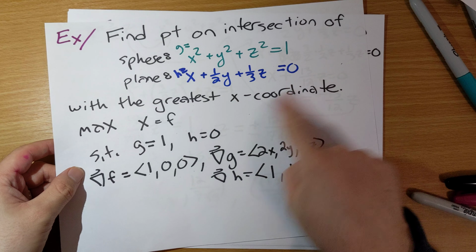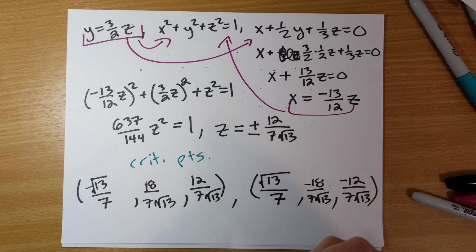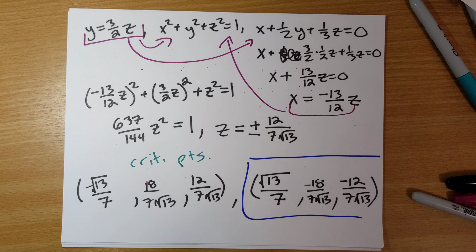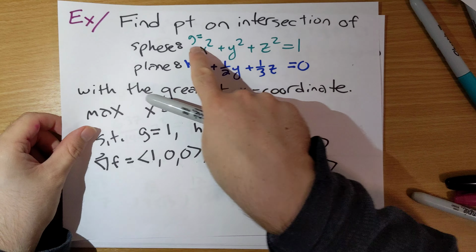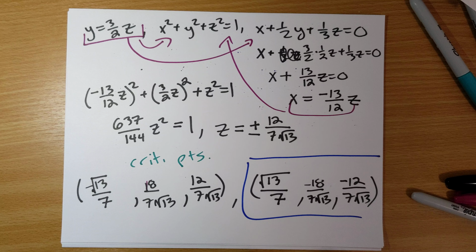Which one has the largest x coordinate? This right here. So this is the point on the intersection of the sphere x squared plus y squared plus z squared is equal to 1, and the plane x plus 1/2 y plus 1/3 z is equal to 0, with the largest x coordinate, which is square root 13 over 7.